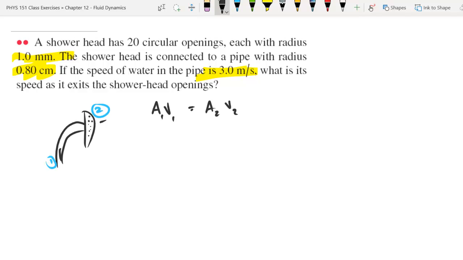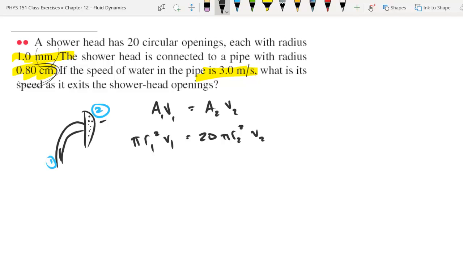So I'll just convert everything to meters here, so we have the same units. And so area 1 is pi r1 squared, right? Pi r1 squared v1 is equal to area 2, and there's 20 of these, so it's going to be 20 pi r2 squared, and then times velocity 2, right?